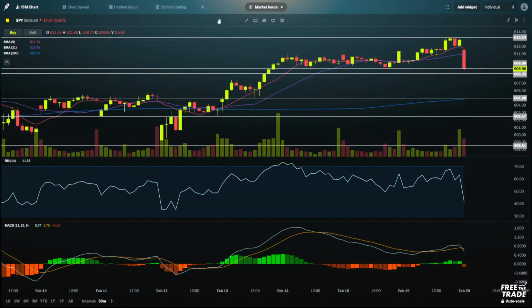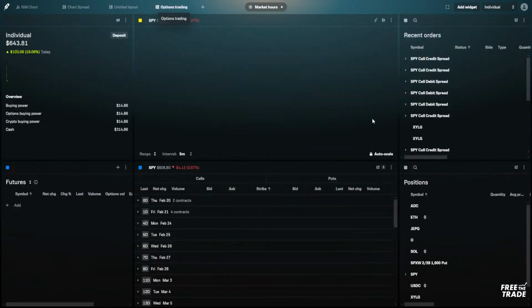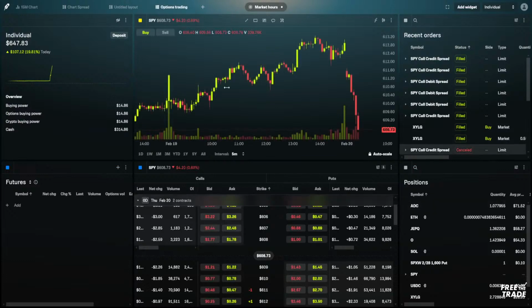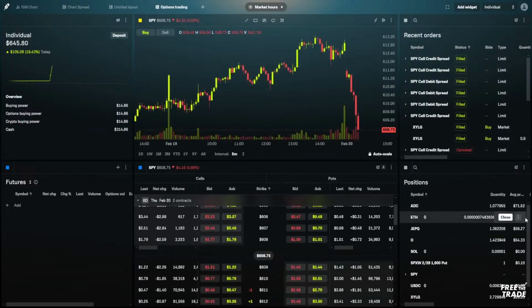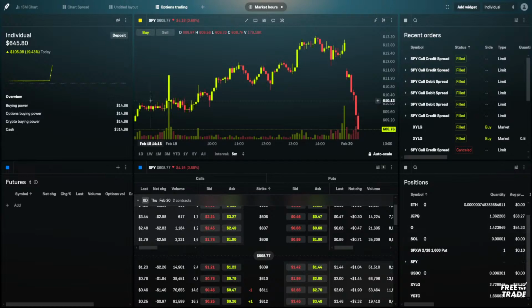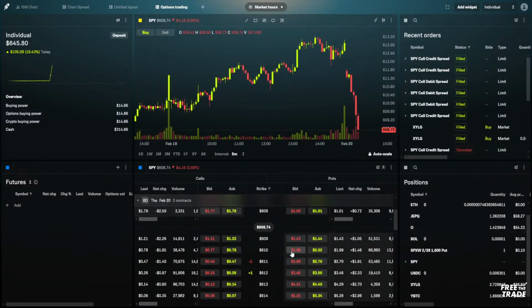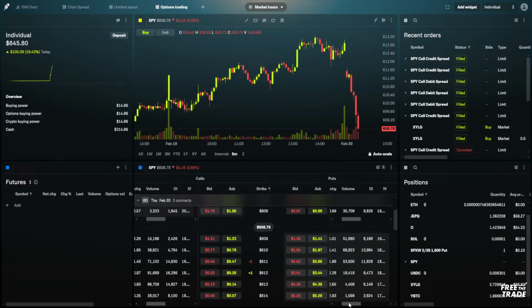A 40 delta you can look at as being a 40% probability that it is going to be in or out of the money, based on whichever side you're on. And so you want to take higher probability trades instead of low probability trades. So for here, let's see, a 40 delta.